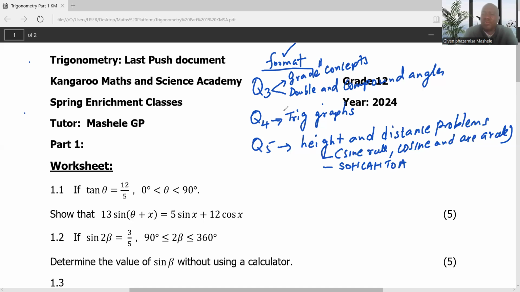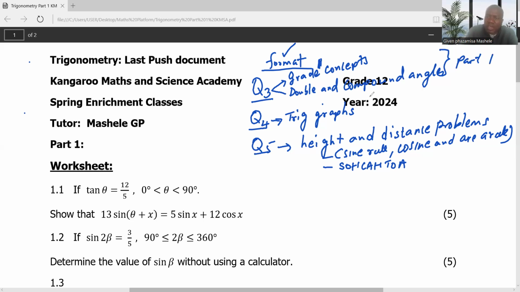So trigonometry usually comes in 3 questions. I'm not quite sure, but in terms of the questions, its format is like this. The first question for trigonometry is just based on grade 11 level concepts, which is what I want to address now, which I will call part 1.